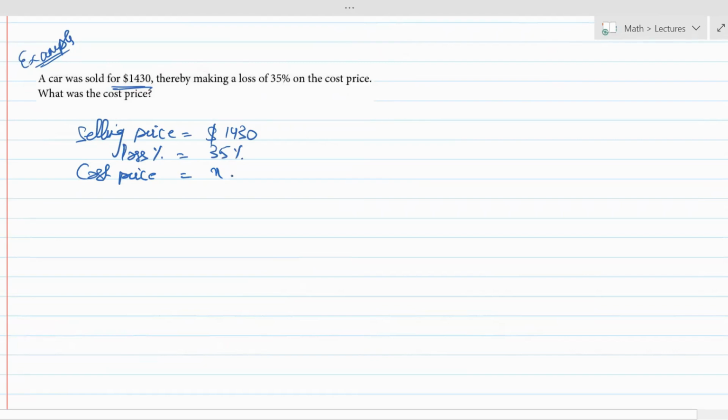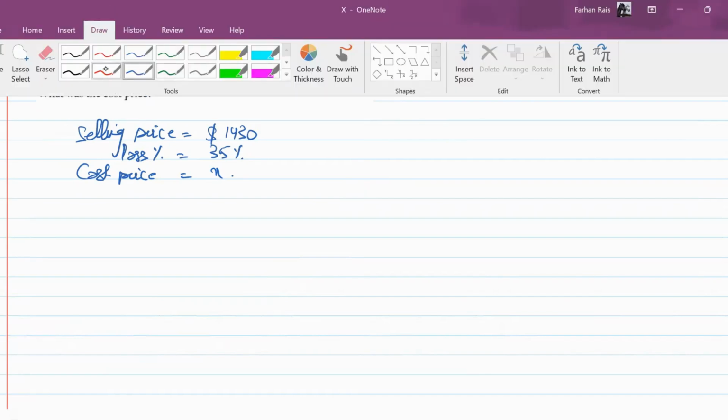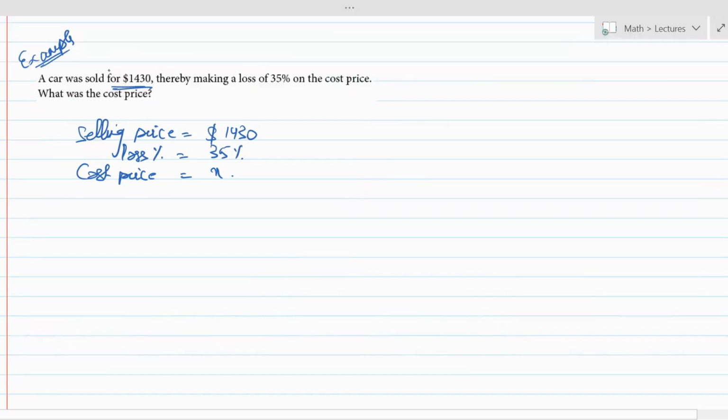Relating this question again to the concept of increase and decrease percentage, loss percentage refers to the decrease percentage. So a loss percentage of 35 means we have the decrease percentage here. And with this decrease percentage, this 1430 is the decreased value.